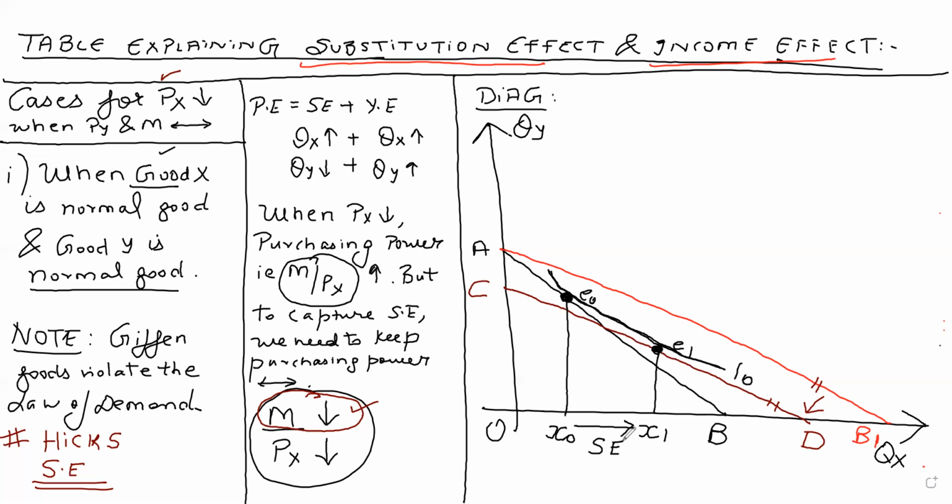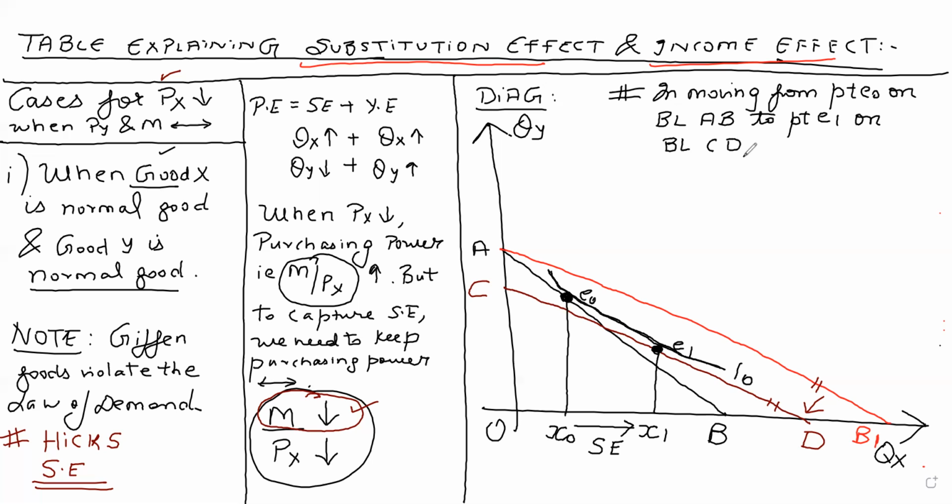So I can write it: in moving from point E0 on the budget line AB to point E1 on the budget line CD, the relative prices have changed.